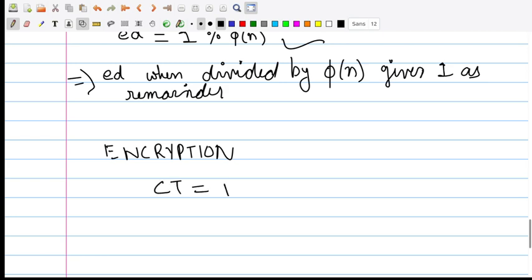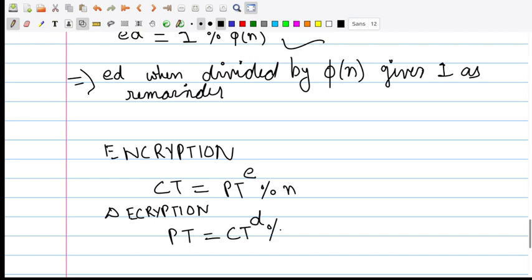So ciphertext is equal to plain text to the power public exponent modulo n, and that's how you get a ciphertext. Similarly, decryption is plain text equals ciphertext to the power d, the private exponent, modulo n. That is how you perform encryption and decryption using the RSA algorithm.